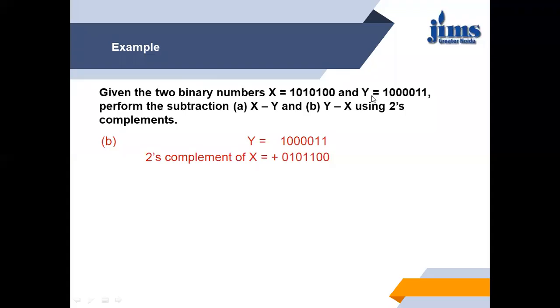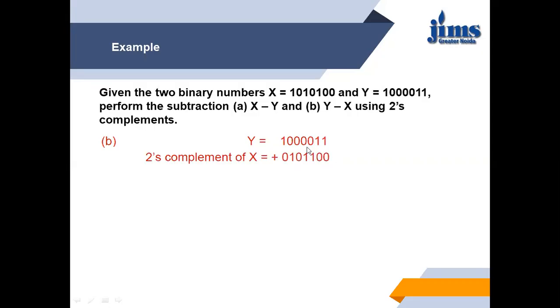First take 1's complement of x: 1 is replaced by 0 and 0 is replaced by 1, so it will be 0 1 0 1 0 1 1. Then we add 1 to the 1's complement. Now it results in the 2's complement, which comes to be 0 1 0 1 1 0 0.